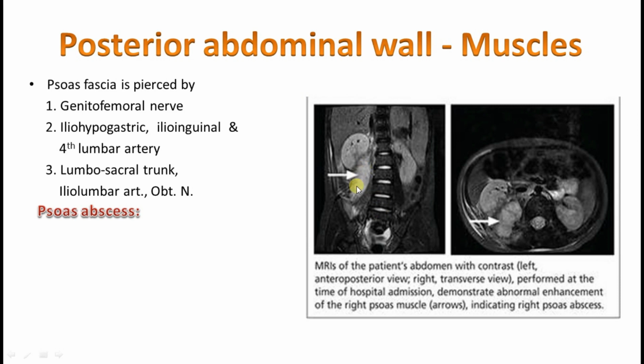Now, this psoas abscess might occur due to a cold abscess arising from the vertebra. Cold abscess means tuberculosis mainly. The tuberculosis might form pus which might drag down deep to the psoas fascia, between the muscle and the fascia, and point anywhere along the following locations.